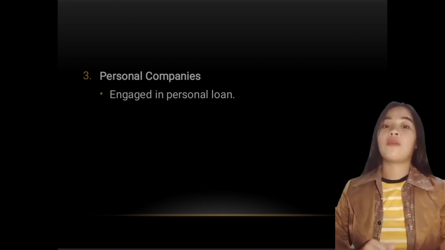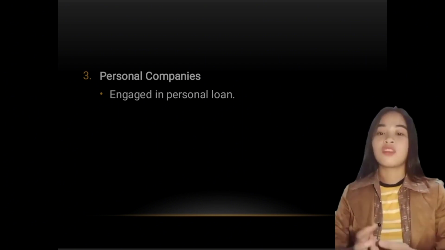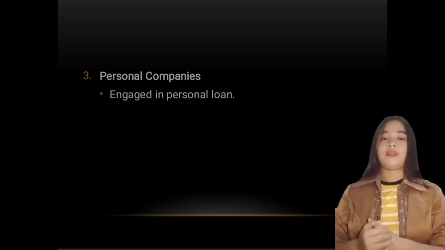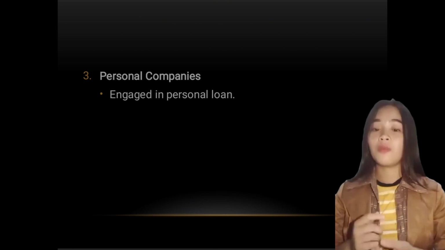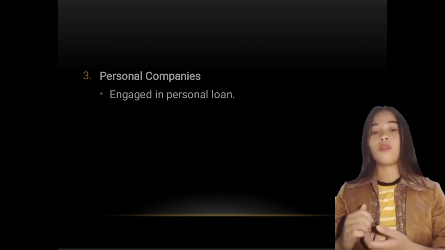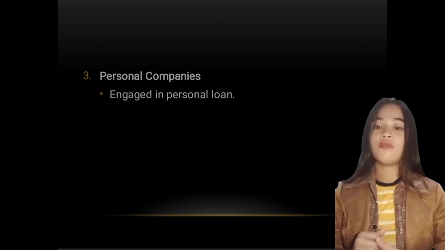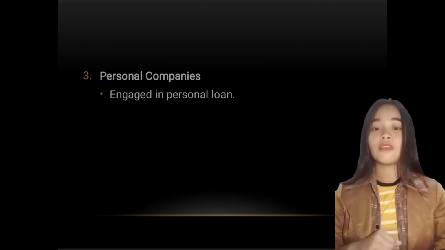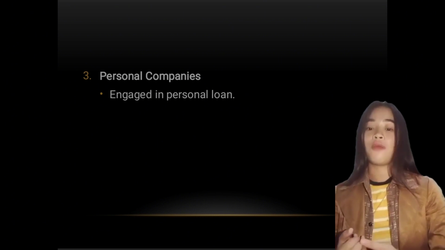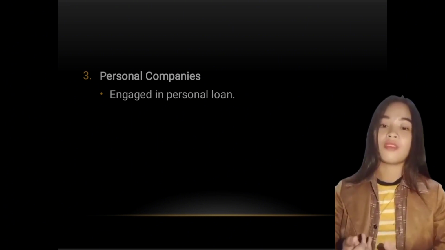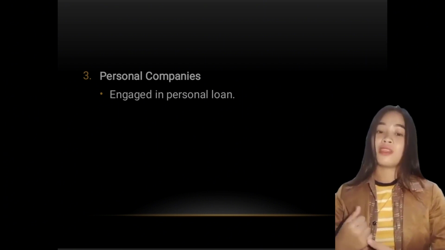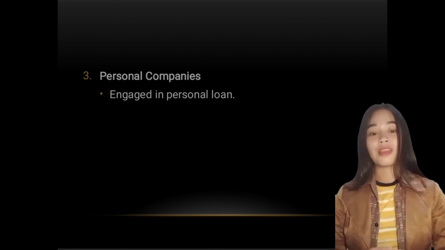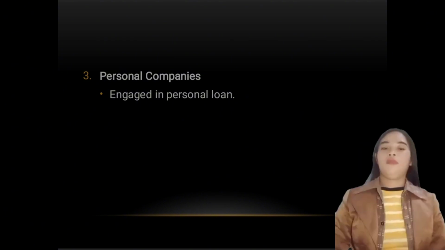The third type of finance companies is the personal finance companies, a vital part of not only managing your day-to-day financial needs but also planning your financial future. It covers the concepts of managing your money, saving, and investing. An example is setting financial goals, investing, and saving.